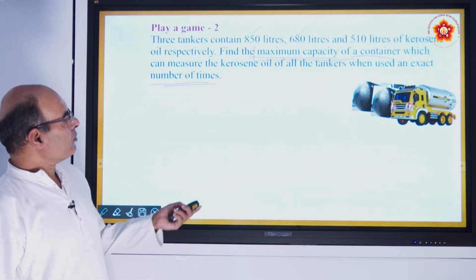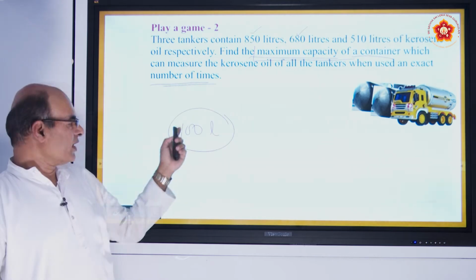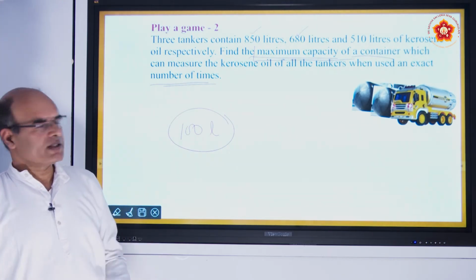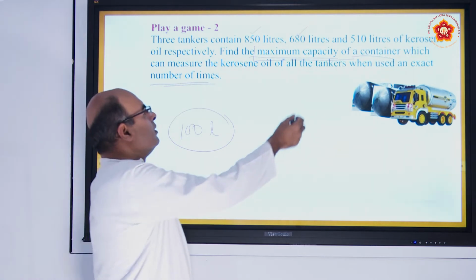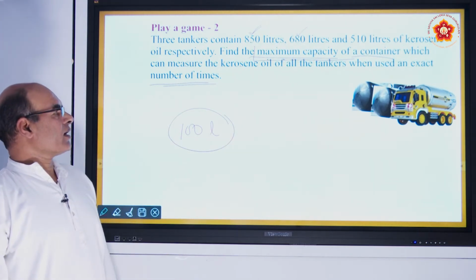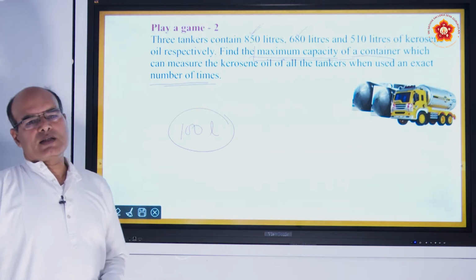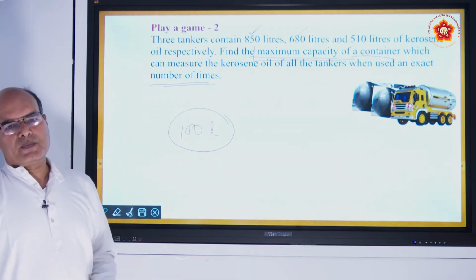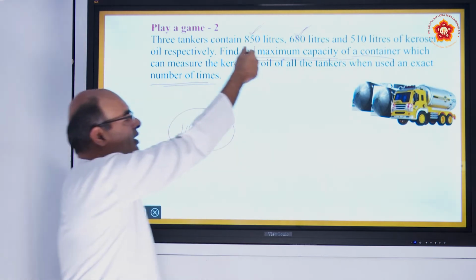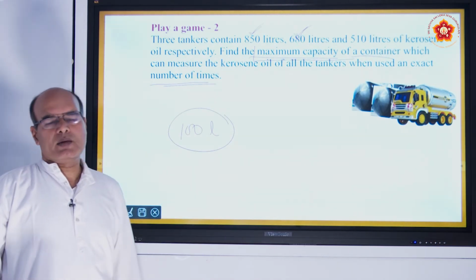Exact number of measurements means if we take a 100-liter container and start to measure, after 8 measurements from the first tanker, 50 liters of kerosene will be left there. After 6 measurements from the second tanker, 80 liters will remain there.